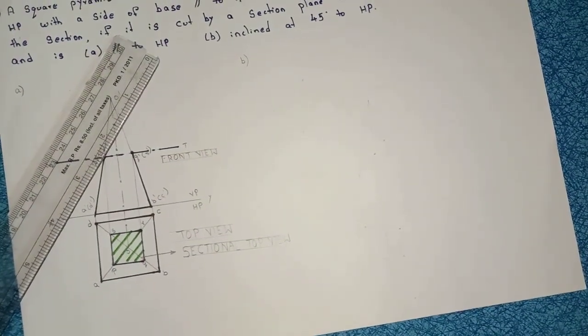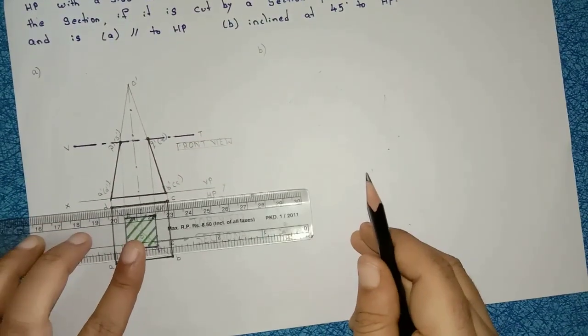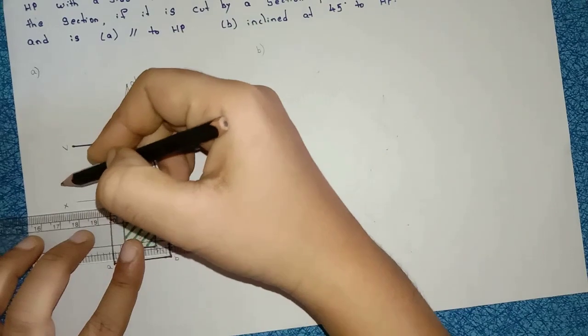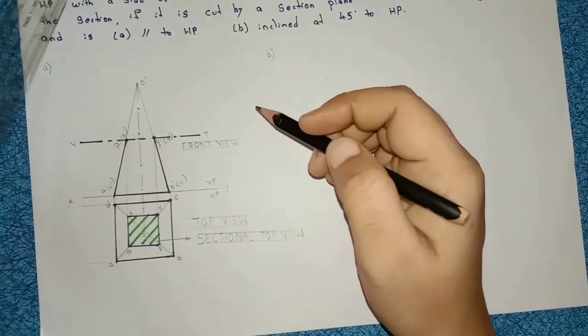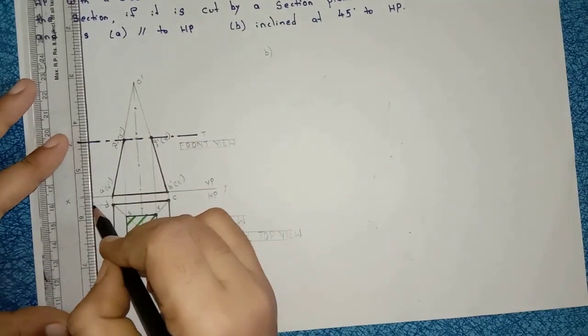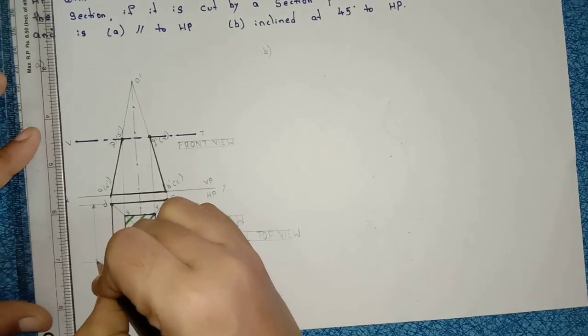Now after completion of your problem, mark the dimensions properly. Here they mention the length of the square is 30 mm. Draw the extension line. This is 30 mm.